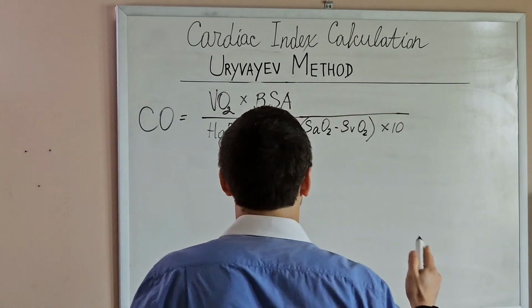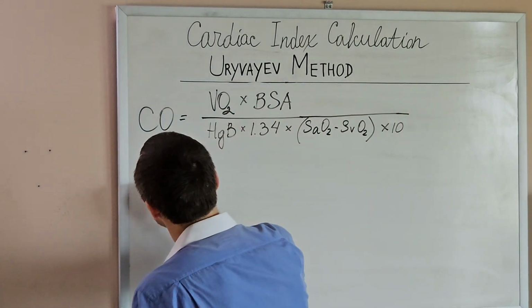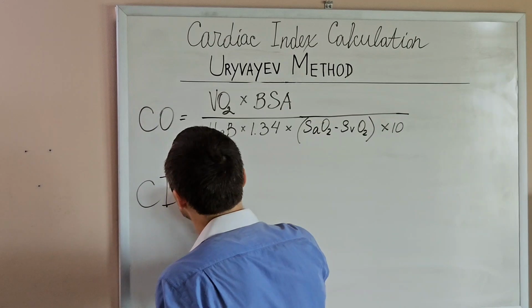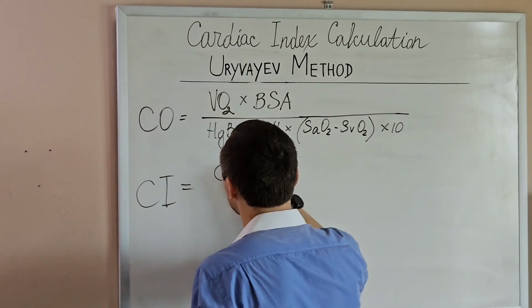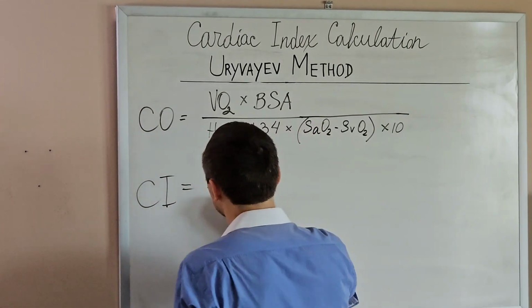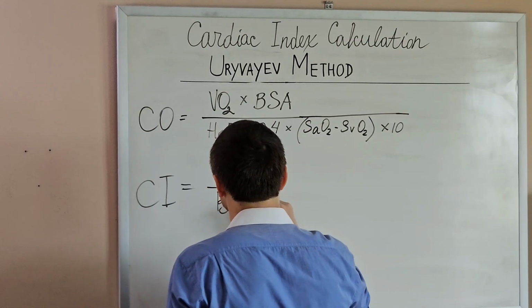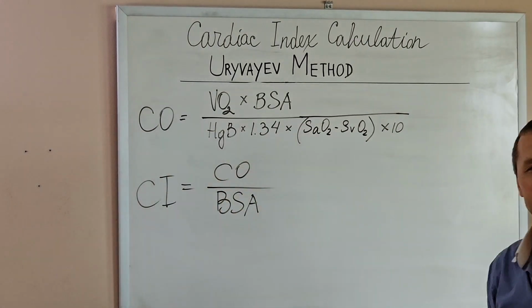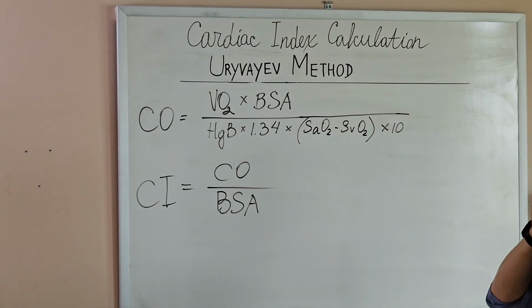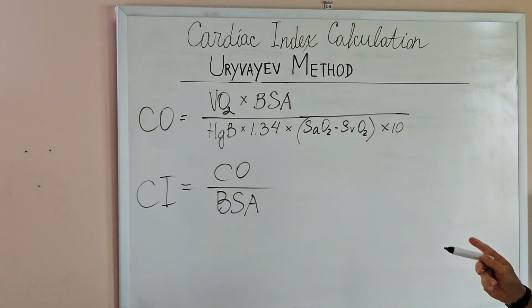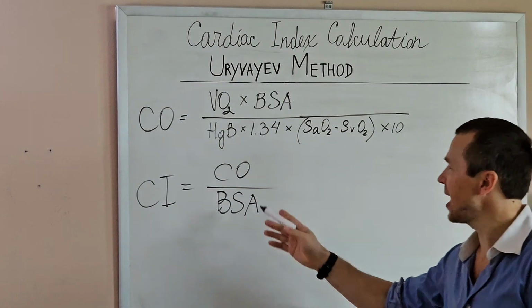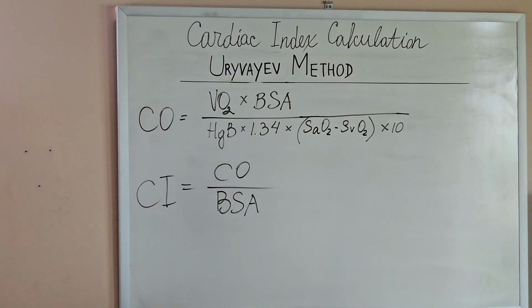But nonetheless, even if you're trying to obtain the cardiac index, which is cardiac output divided by your body surface area, right? Okay, so what are we looking at? Looks like we're regurgitating the same value here. Is that correct?